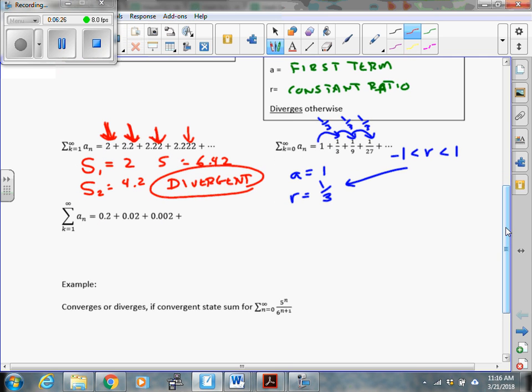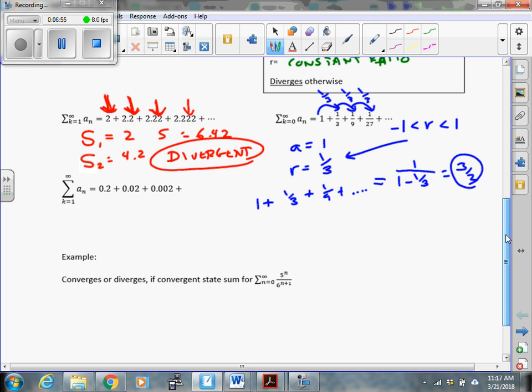So if I wanted to add up all these numbers, etc., etc., I know that in fact it will equal a over 1 minus r, which will give me 3/2. I have now added an infinite number of numbers together. And I can always do that with a geometric series, which this is.